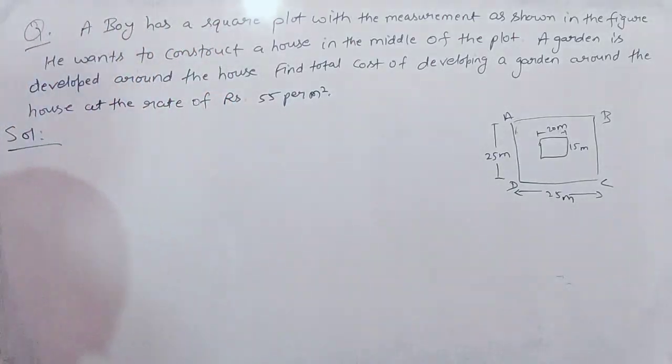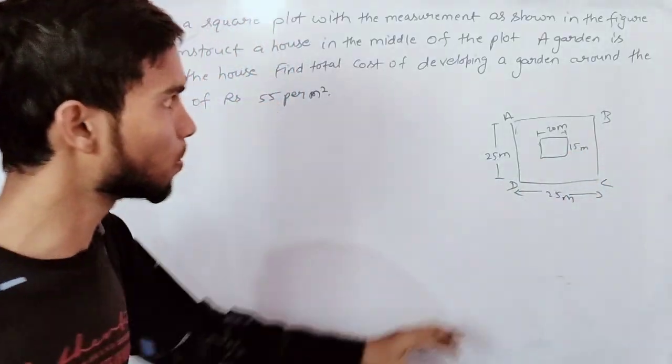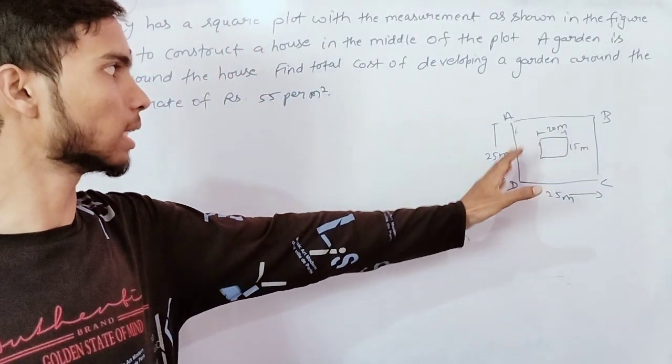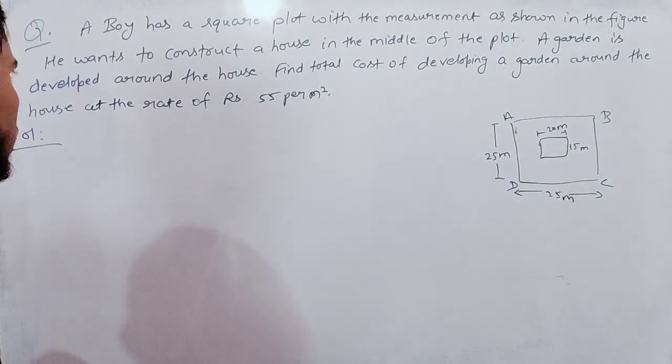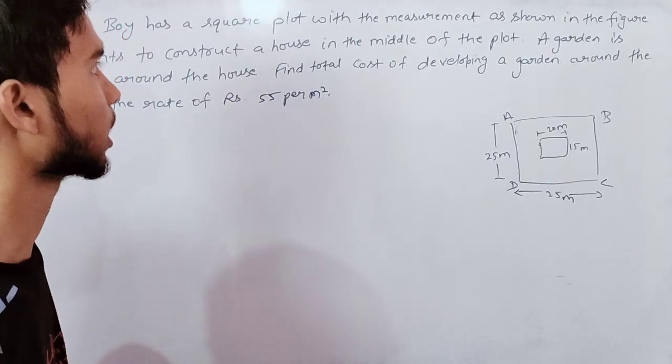A garden is developed around the house. So between the house and the plot is a garden. Find the total cost of developing a garden around.